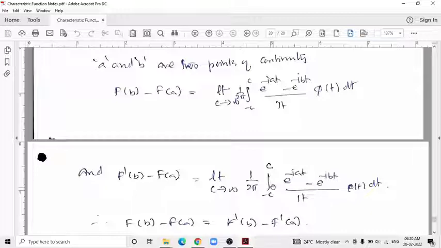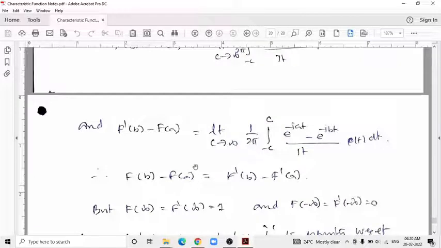So F of b minus F of a equals the right side, and the same right side for F dash b minus F dash a. Since the right sides are equal, the left sides are also equal: F of b minus F of a is equal to F dash b minus F dash a.